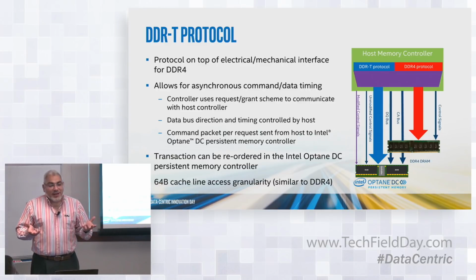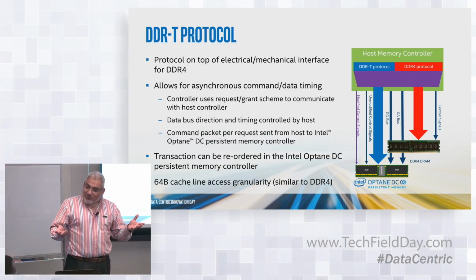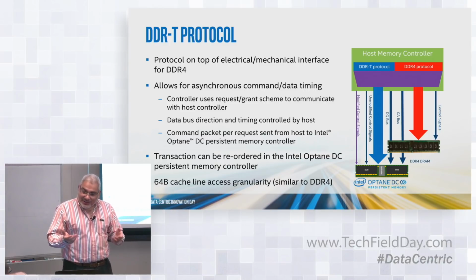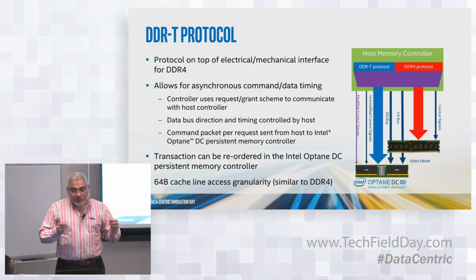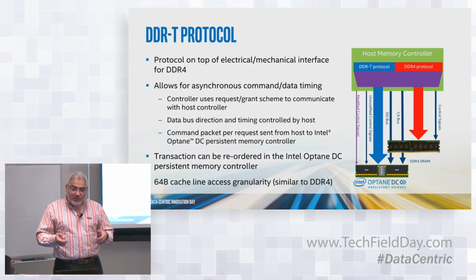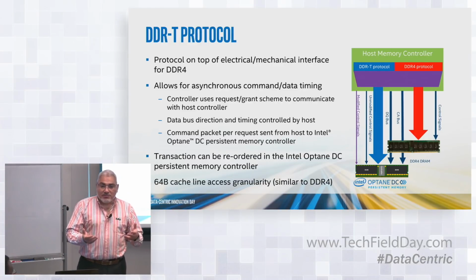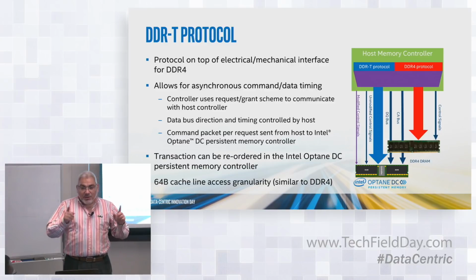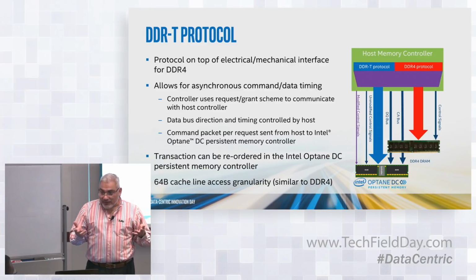Of course, we didn't have additional signals on DDR4 to support this. So we looked at some of the signals that come to the Optane DCPMM that we were not using. There were 2 pairs of clocks, additional ODT signals, et cetera, and we repurposed them for this purpose. When you put the Optane DCPMM in the system, BIOS will detect it and program both sides to use these signals in a different manner.